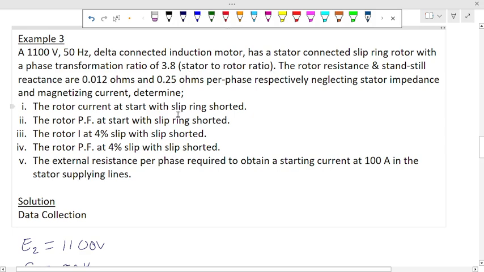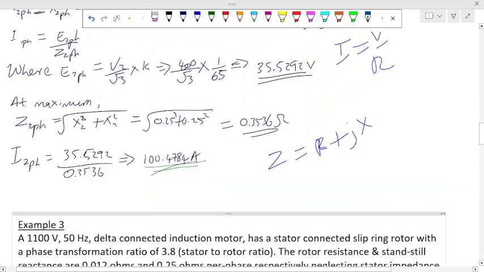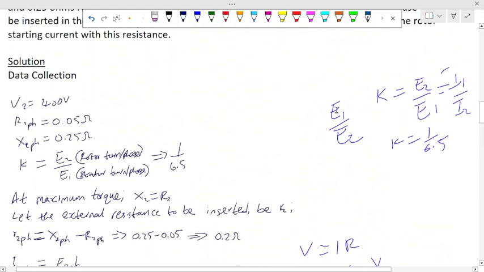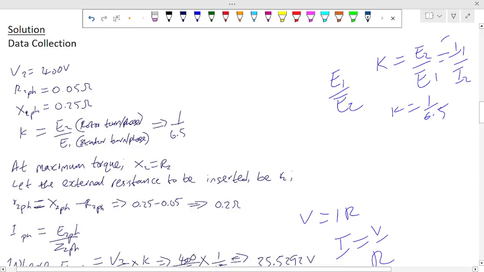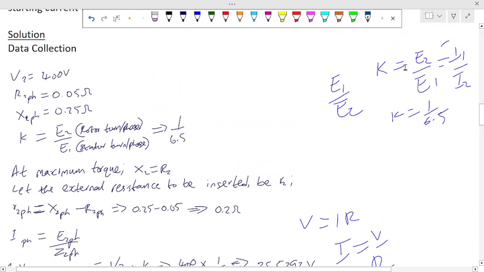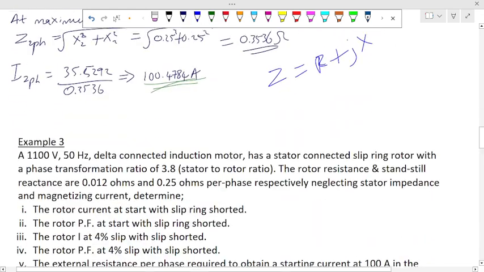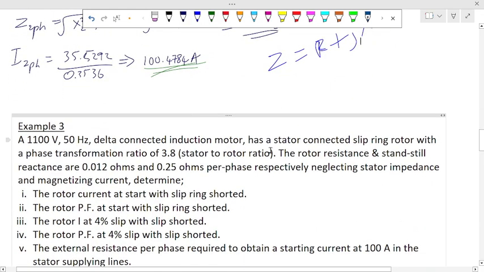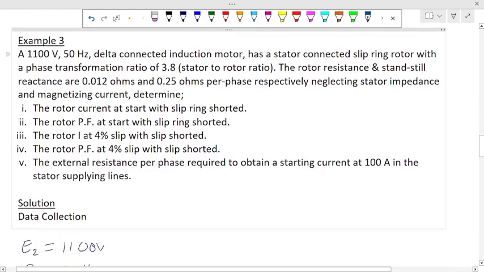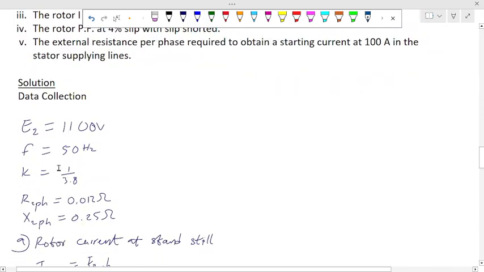Like we said just now, since we are given stator to rotor, and K is rotor to stator, we are given the inverse. K will be 1 over this, that's the inverse. That's why we have K here like that.